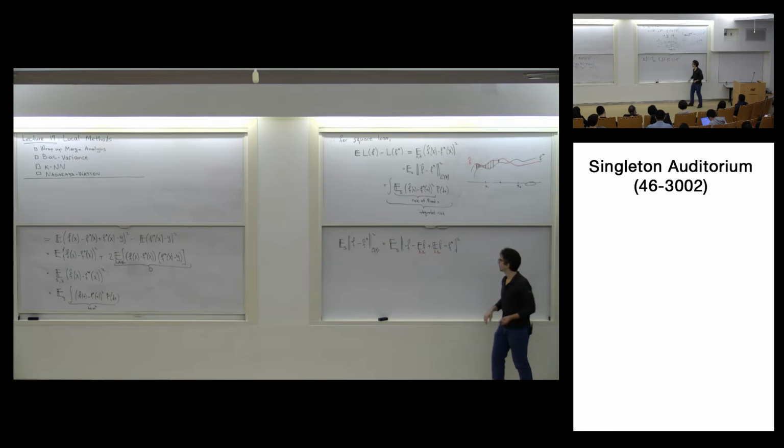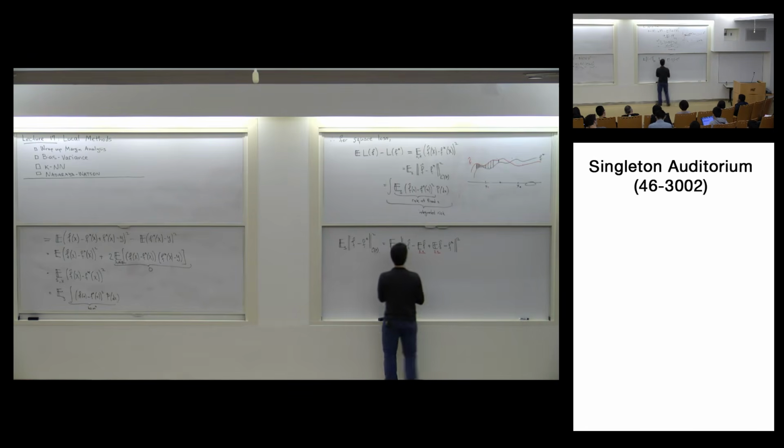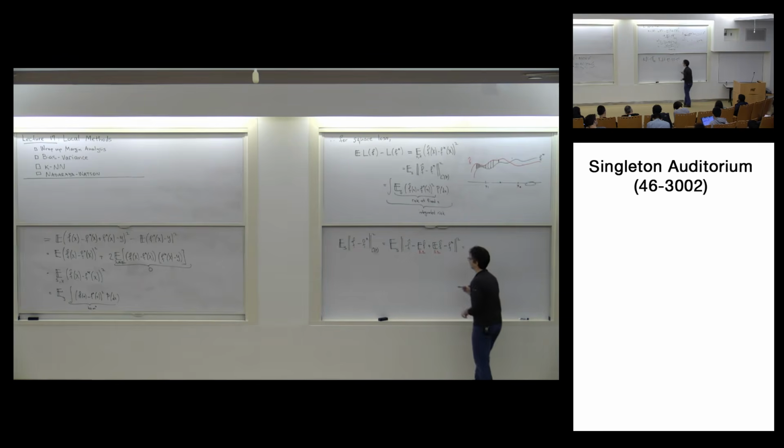Now, when you see a plus b squared, you're itching to do what you were told in 5th grade: a plus b squared is a squared plus b squared plus 2ab. So let's do it. I'm going to skip the 2ab for now.